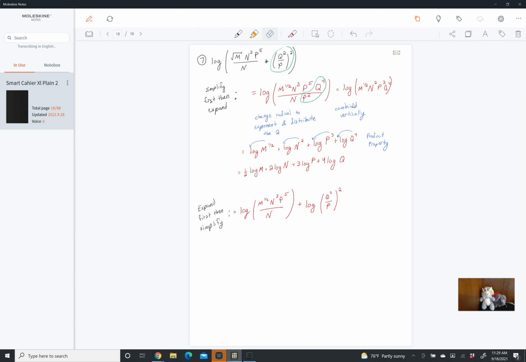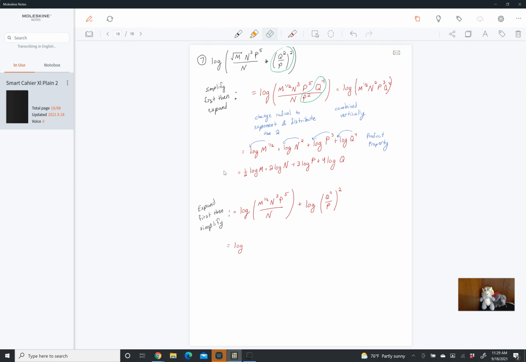Okay. Now we can expand the first half using both the product and the quotient properties simultaneously. So the n and the p up here are all positive logs, and then this is going to give us a negative log. And we'll leave this alone for right now, okay? We'll do one thing at a time.